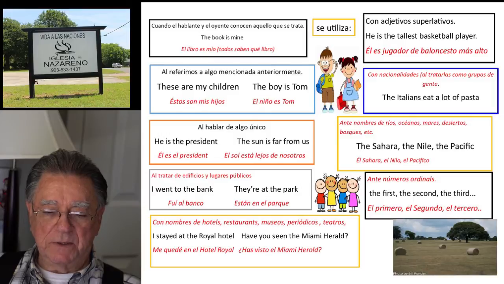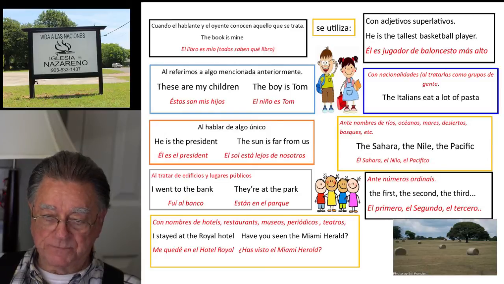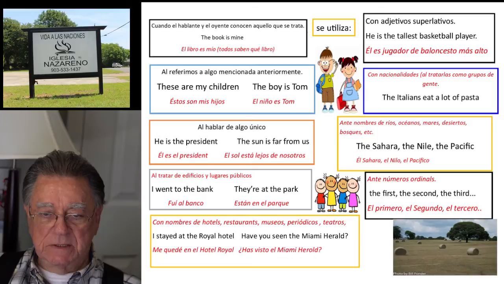And we know that this is the newspaper because we're from Miami. In Spanish, me quedé en el Hotel Royal. Me quedé en el Hotel Royal. And then, ¿has visto el Miami Herald? Una pregunta. Let's go to the next box.